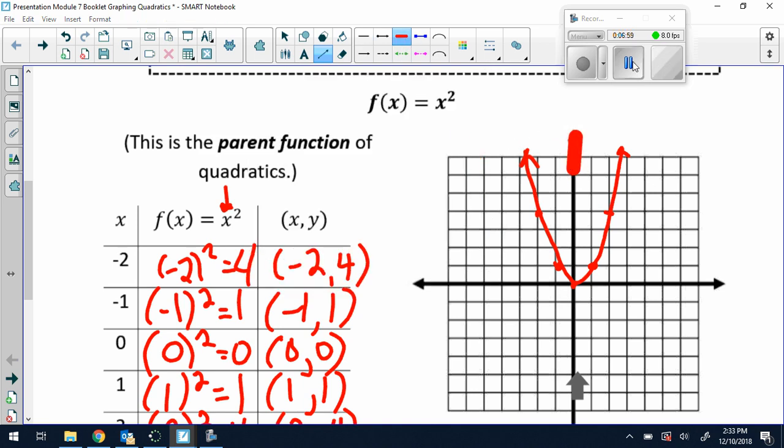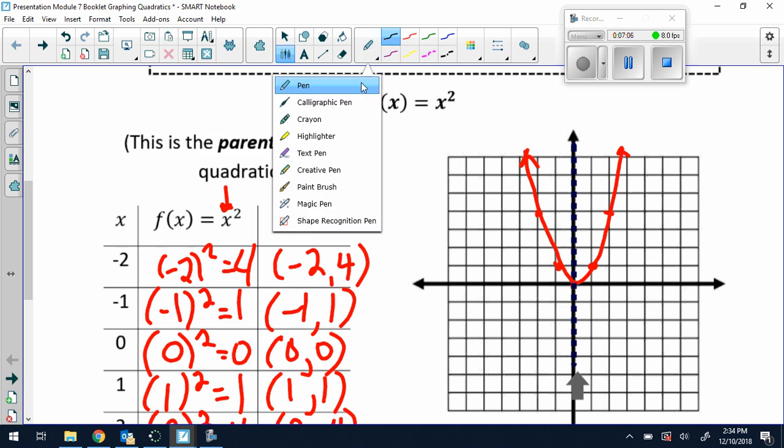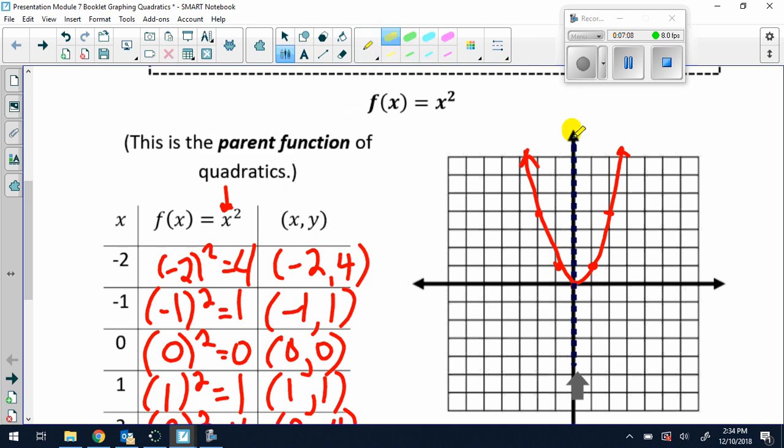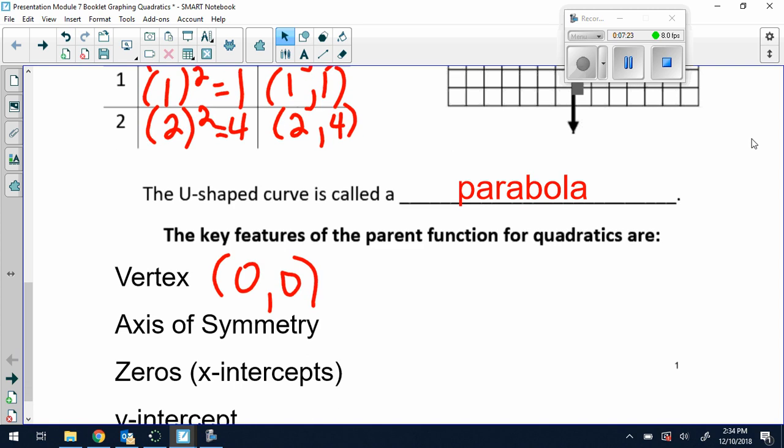So right there, this vertical line going straight through my vertex is my axis of symmetry. Now my axis of symmetry divides it so that it's directly in half. It's always going to go through your vertex. It's always a vertical line, so it's always going to be x equals something, and that something is always going to be the x coordinate. So for our parent function, that is x equals 0.